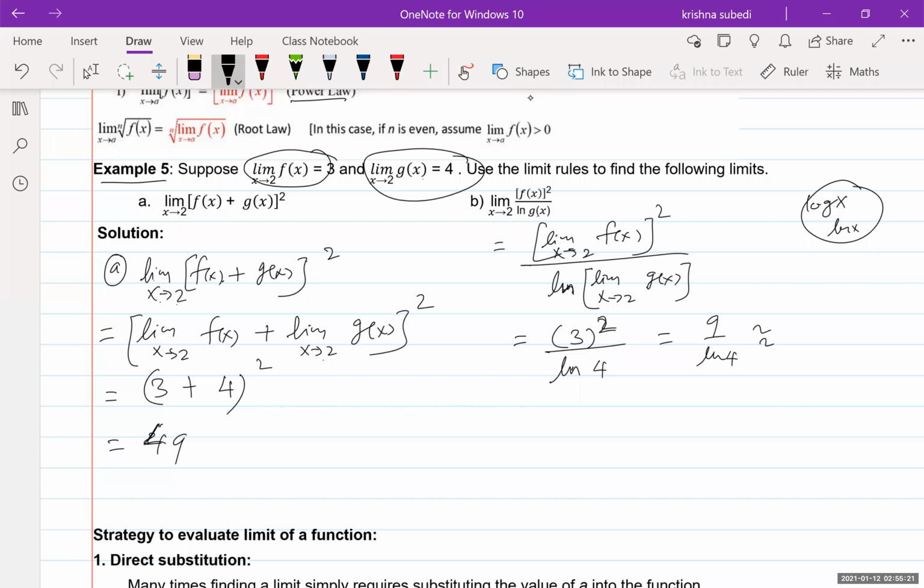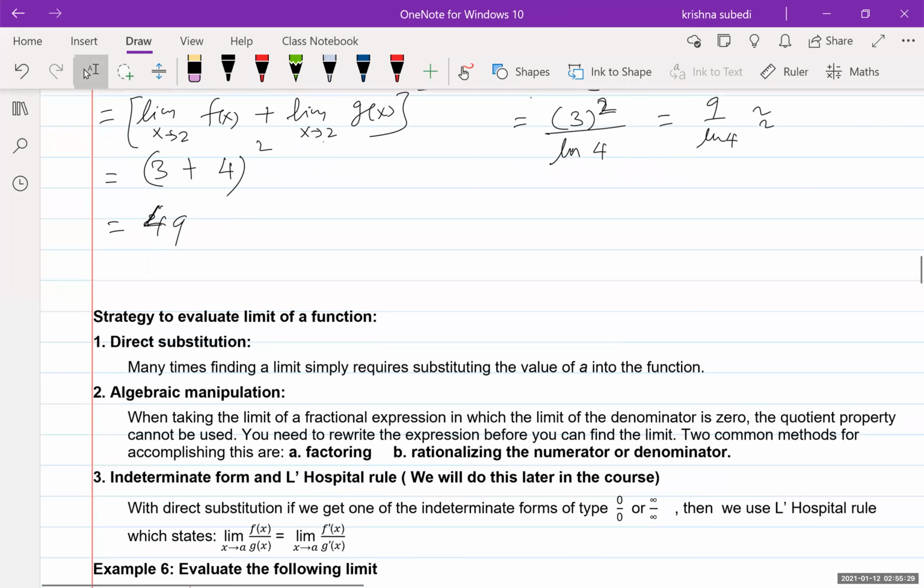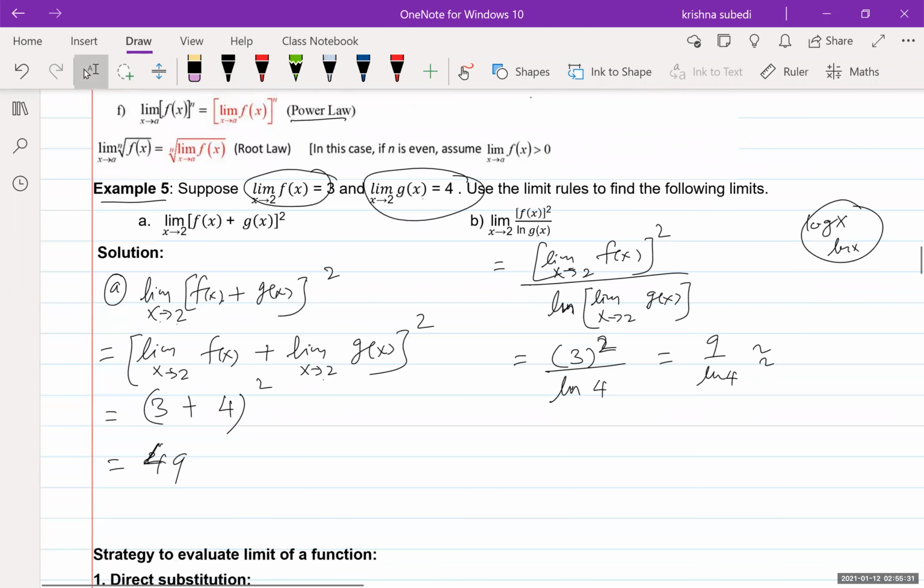Do you have any questions so far? Professor, why are we adding ln in the bottom, just beside the 4?